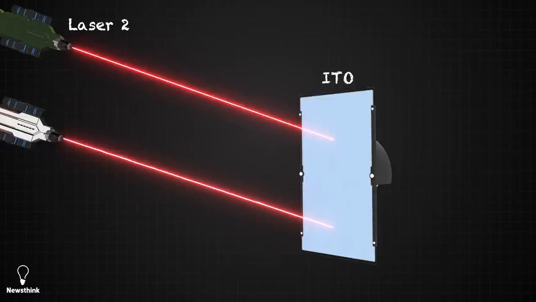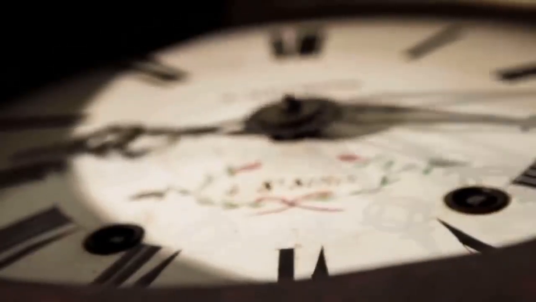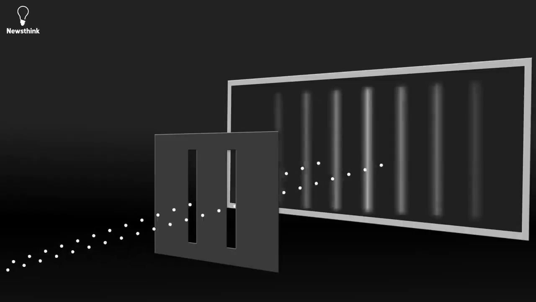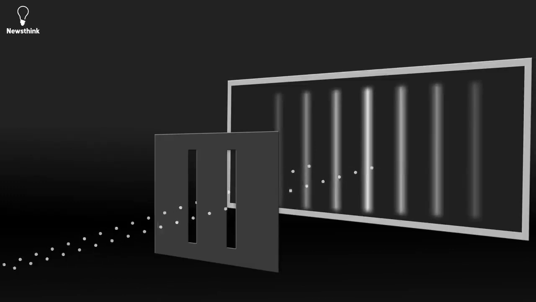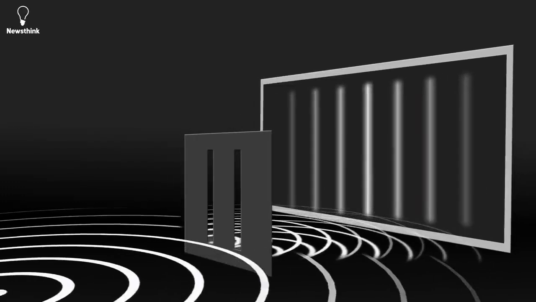The interaction of laser 2 with the material changed the frequency and therefore the color of the light from laser 1 that was reflected off the material. This experiment shows that by manipulating time rather than space, they were able to create interference patterns similar to the interference observed in the original double-slit experiment.